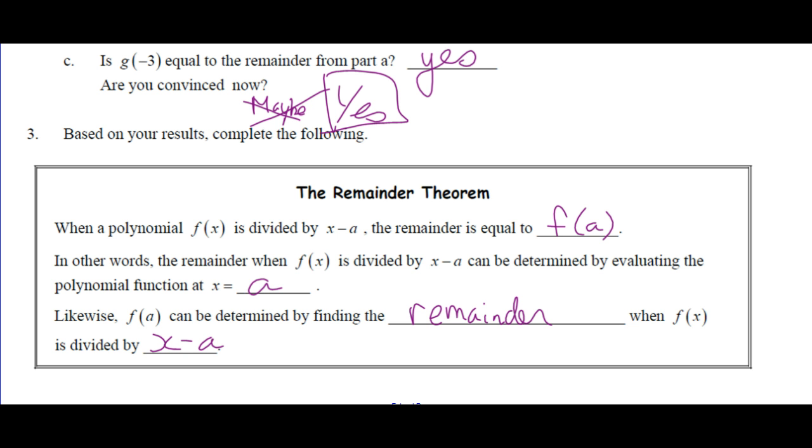Okay, interesting. So that's the remainder theorem, right? It says the remainder that you're going to get if you divide by x minus a is equal to f of a. You don't have to do the long division. You can simply evaluate f of a.